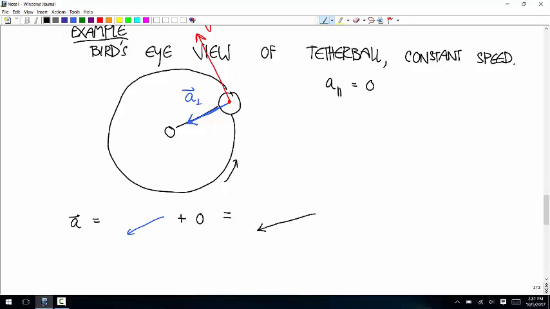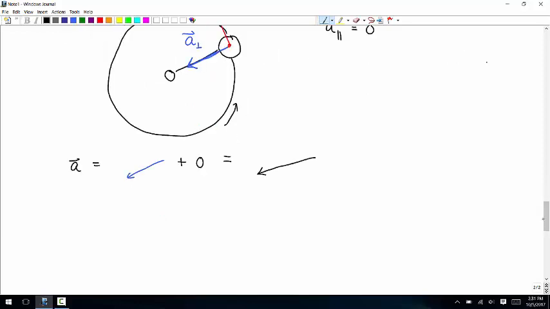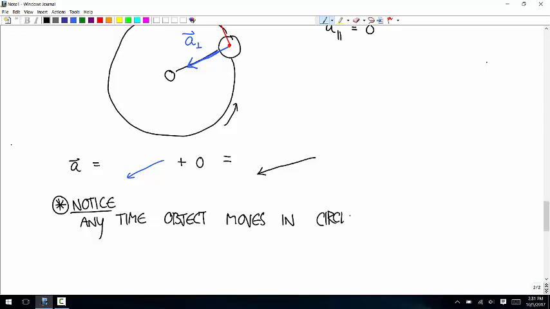And so what this says, this is something that's going to be important later on, is notice anytime an object moves in a circle at constant speed, the acceleration is towards the center of the circle.